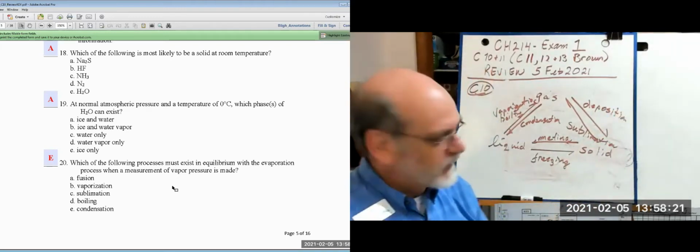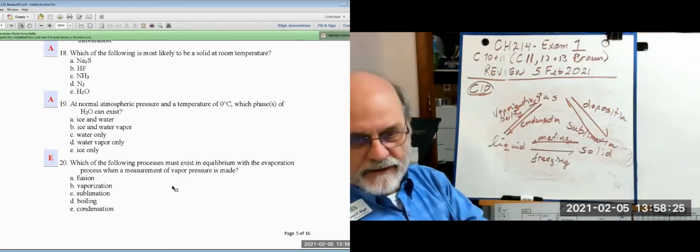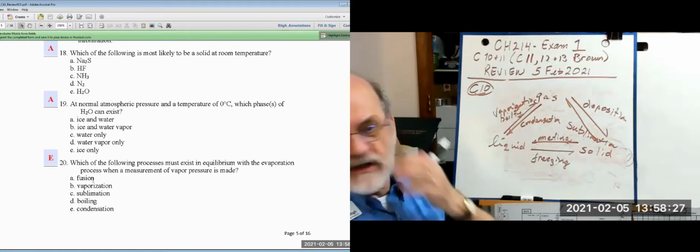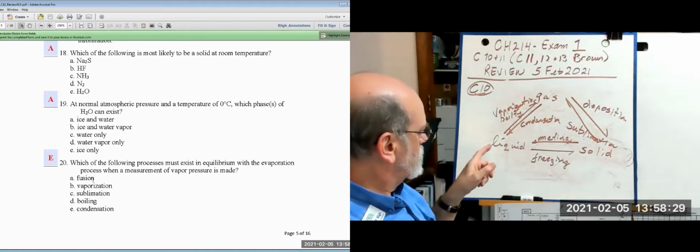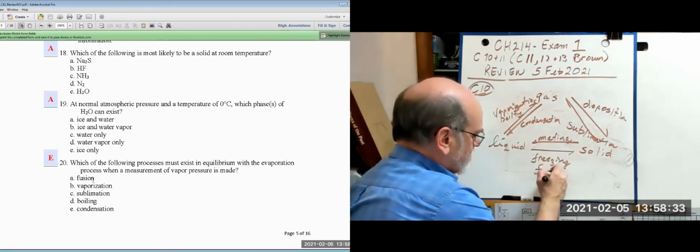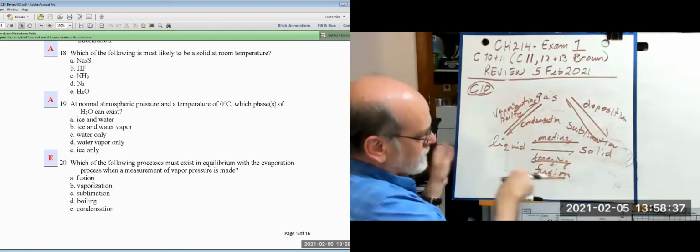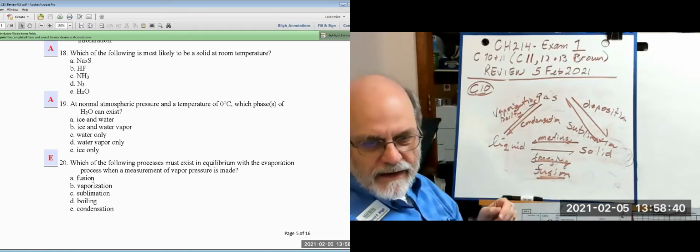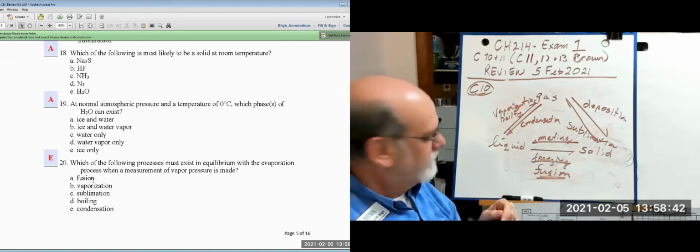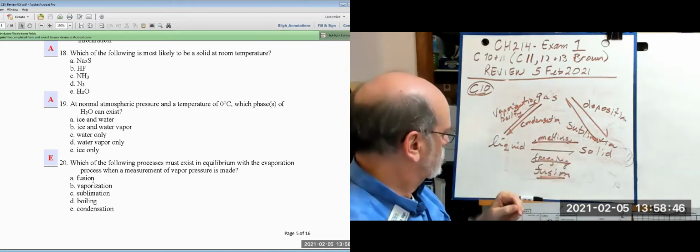Just so that the words mean something. Fusion is a possibility for freezing. That's actually the proper term. Fusion. And melting is proper for that one.